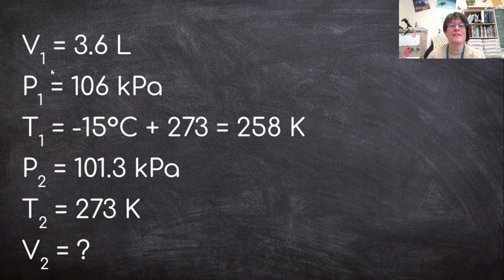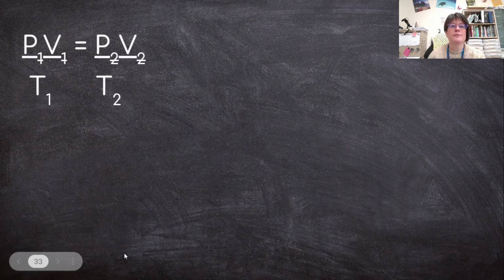So we have V1, which is 3.6 liters, P1, 106 kilopascals, as I was given in the problem, T1, negative 15 degrees Celsius, which I add 273 to get 258 Kelvin. My pressure is 101.3 kilopascals because that is standard pressure. T2 is 273 Kelvin. Remember, these are on the front page of your reference tables if you forget. And V2 is what I'm looking for.